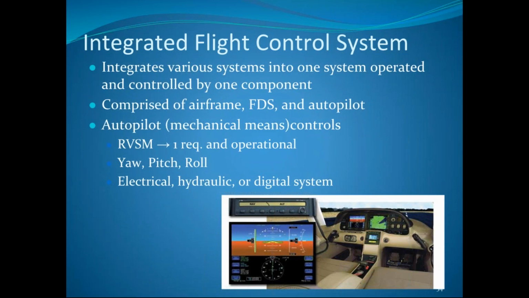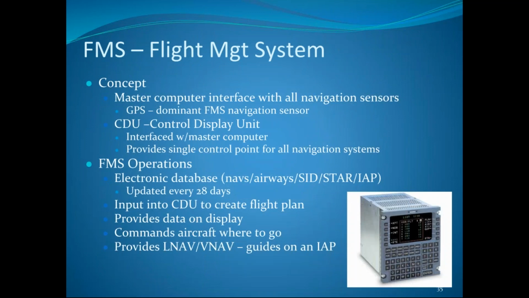Autopilot allows mechanical controls, so it will control the aircraft surfaces to maintain things like altitude, heading, things like that, yaw, pitch, and roll. So that's what the autopilot system does. It automatically flies the plane all by itself.